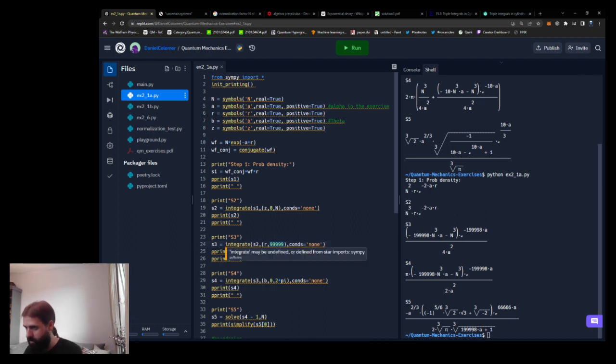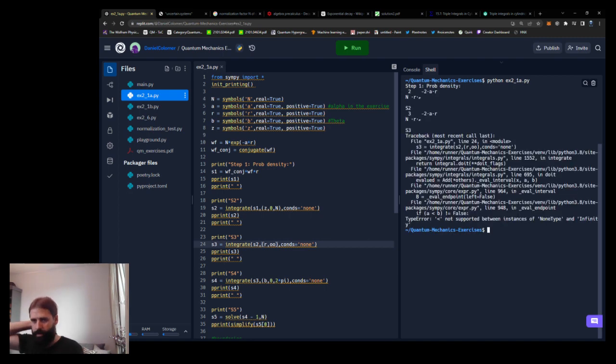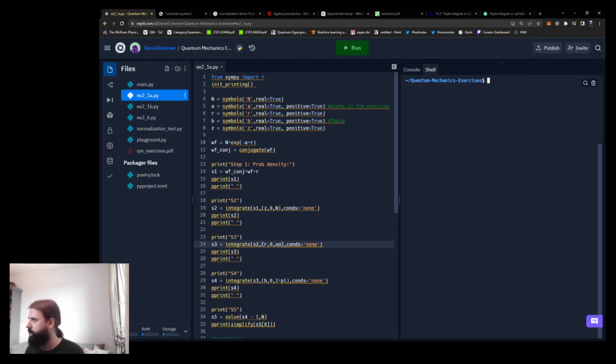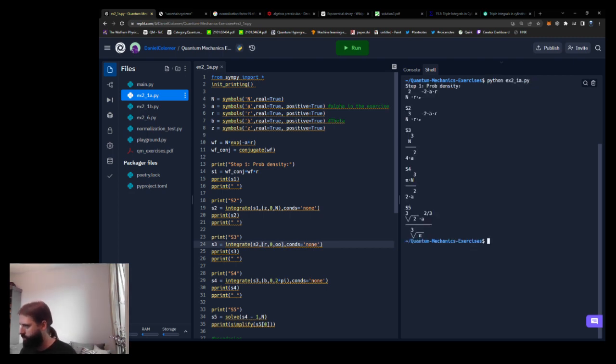So the radius can definitely be infinite, right? So it's just a question of, okay, why? What happened? Have I messed up with something or what? What have I done? Oh, now it works.